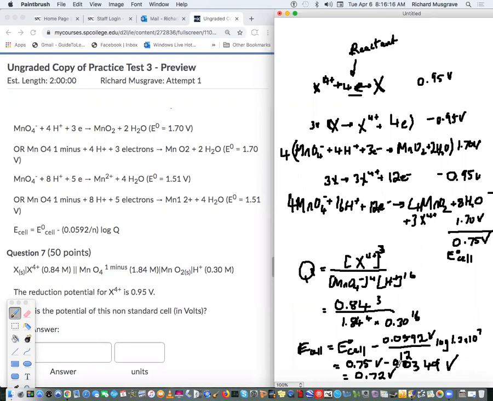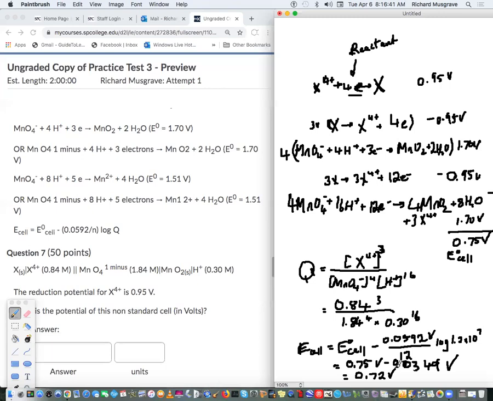Mm-hmm. Then I did divided by, and then I put down started parentheses, and I did 1.84 caret 4 close parentheses. And then I did divided by open parentheses 0.3 caret 16 close parentheses.